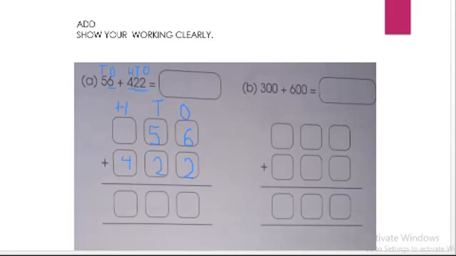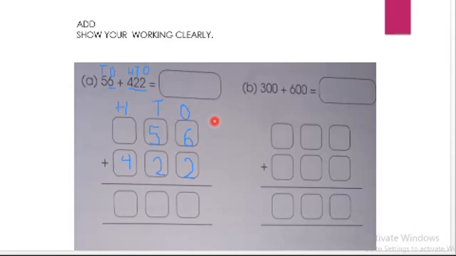Now you are going to check your placements. 6 is at the ones place, and you mention it over here, and 2 was at the ones place, so you mention it over here. It means you have written the question correctly, and now the whole question is very easy for all of you.